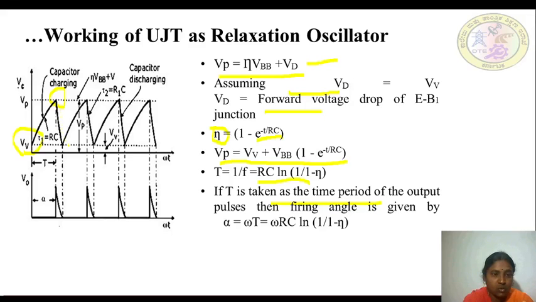The current flowing in the resistor will give you an output pulse. So this is the output pulse obtained in this discharging region of the capacitor.